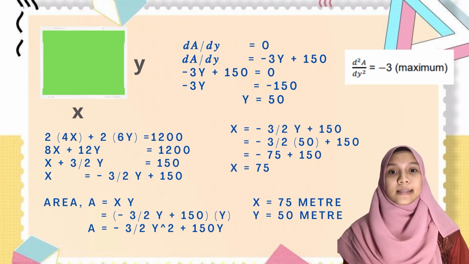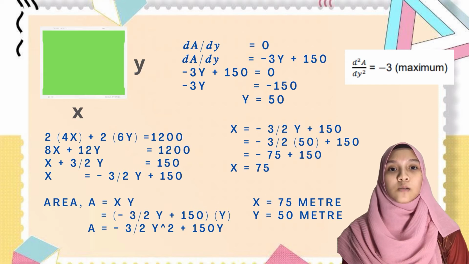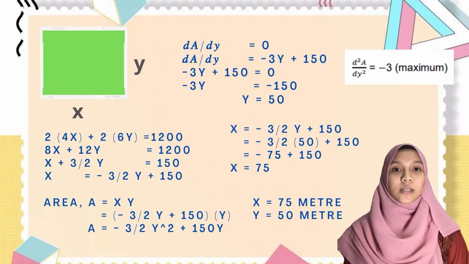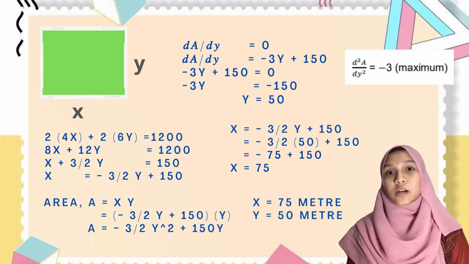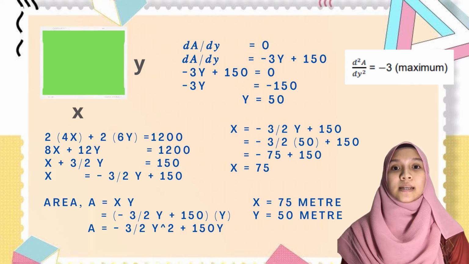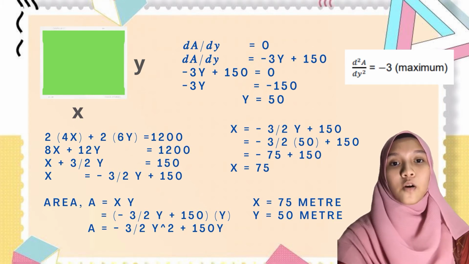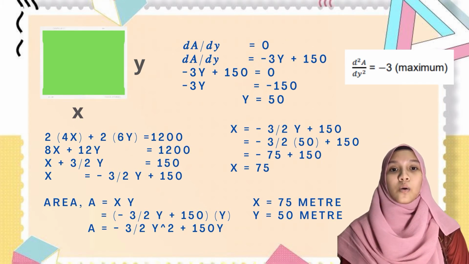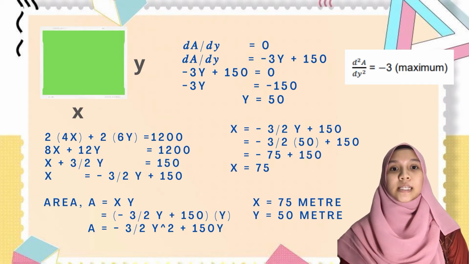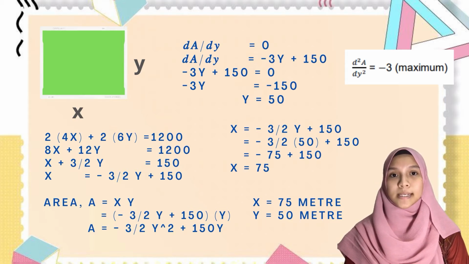So, I translate it into an equation which is 2 times 4x plus 2 times 6y equal to 1,200. Then solve the equation to get a formula for the quantity to be maximized. I solve the equation and get x equal to negative 3 over 2 y plus 150.